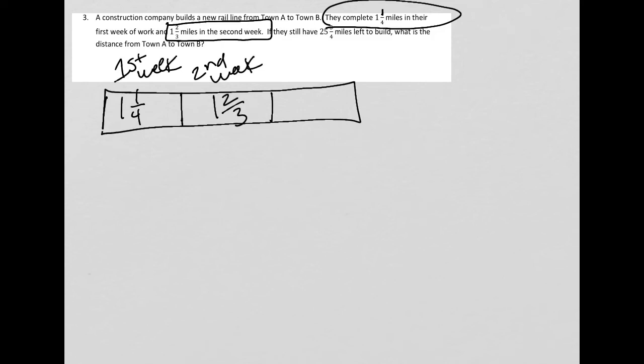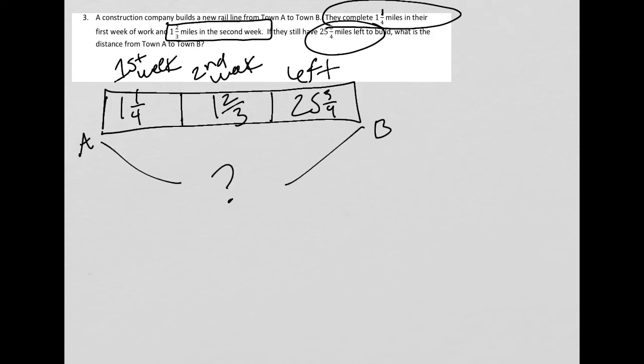If they still have 25 3/4 miles left, so this would be 25 3/4 left, what is the distance from town A to town B? So we can call this almost town A, this town B, and they want to know the total distance.